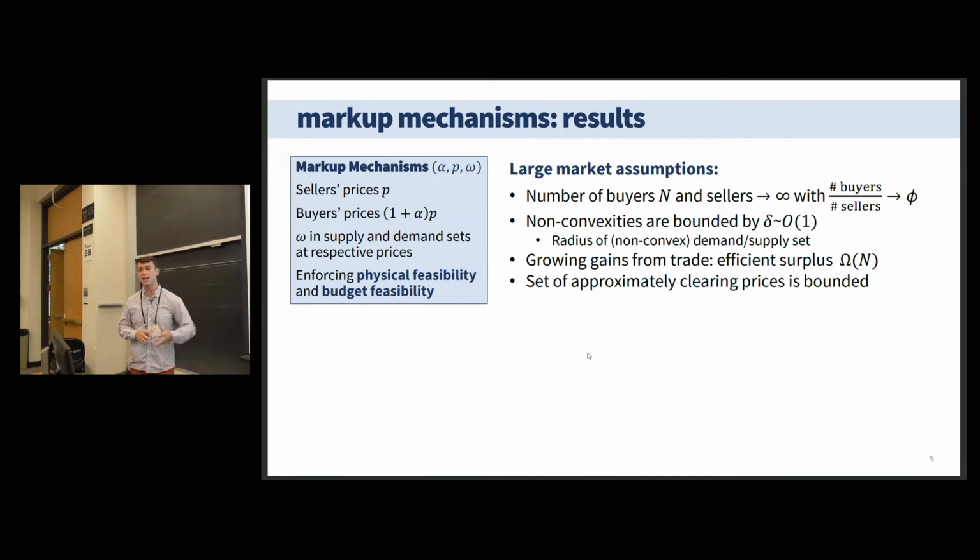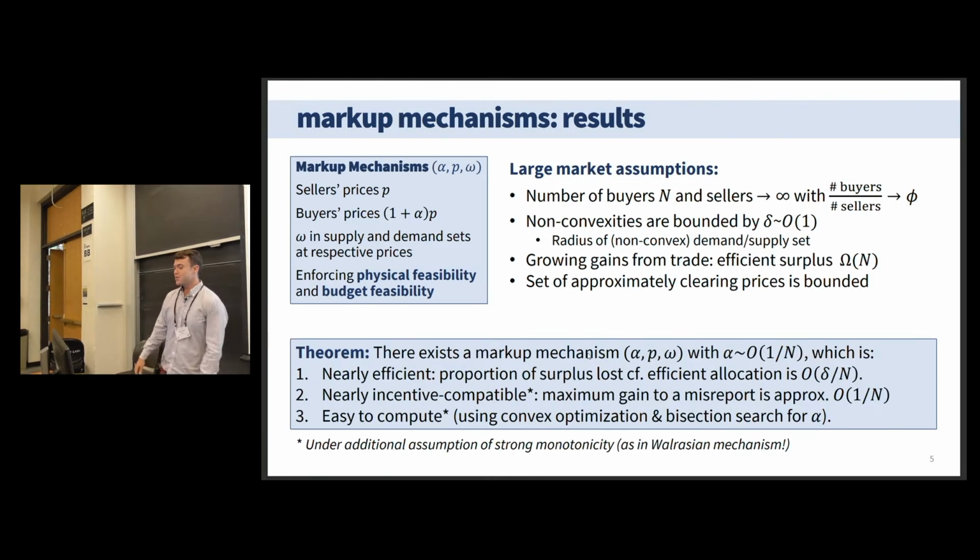We'll assume that there are growing gains from trade. The efficient surplus grows at least linearly in n. And there's a technical assumption about the set of approximately clearing prices, but you can look at that in the paper.